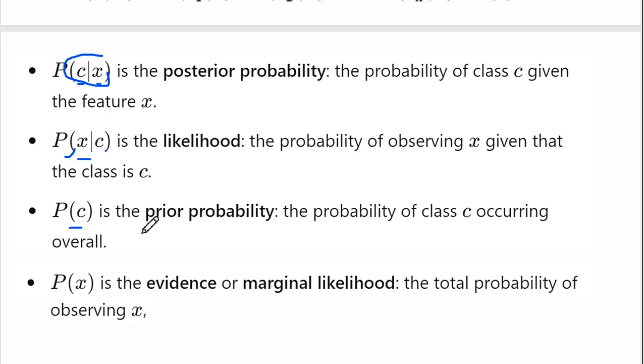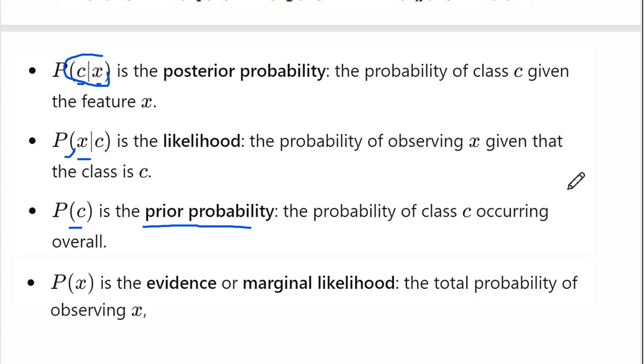P of C is called the prior probability: what is the probability of occurring a particular class in the entire dataset? In the next slide, we will see this clearly.